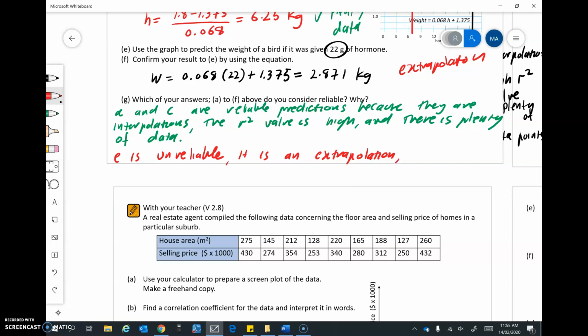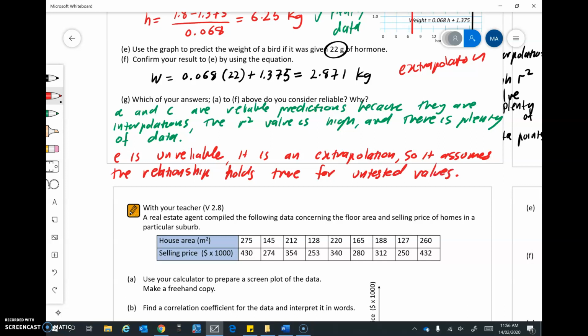It's an extrapolation, so it assumes the relationship holds true for untested values. Okay, and those statements cover that quite well.